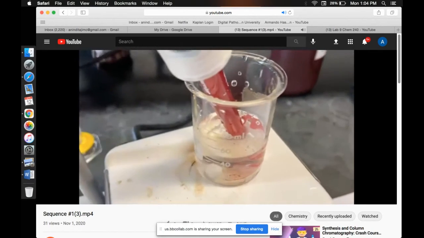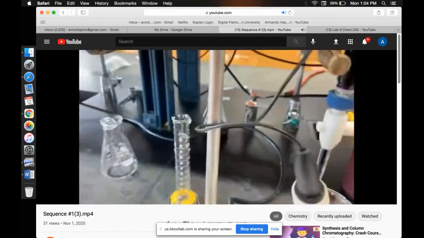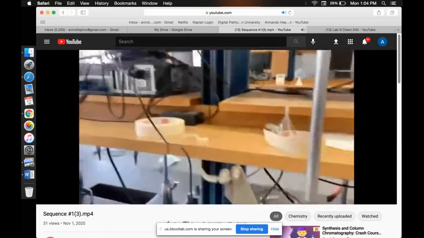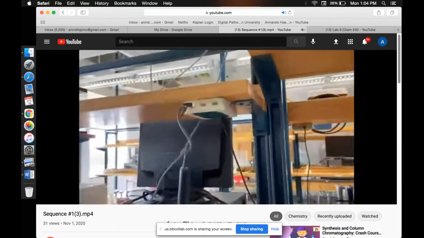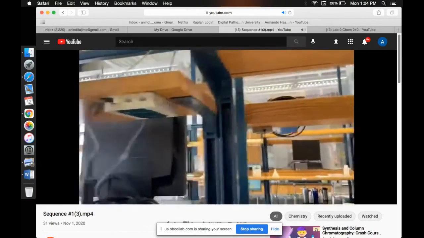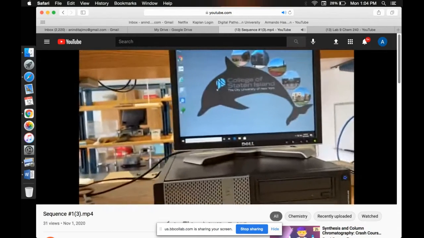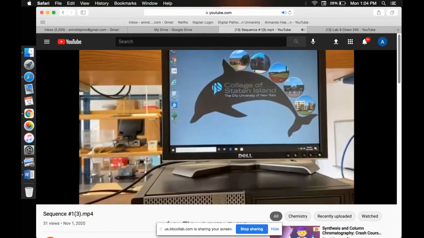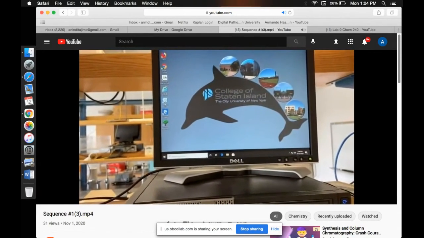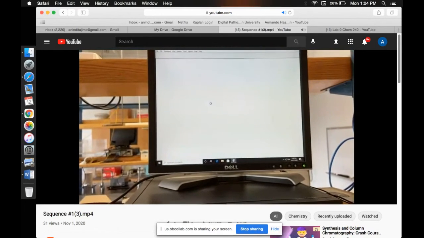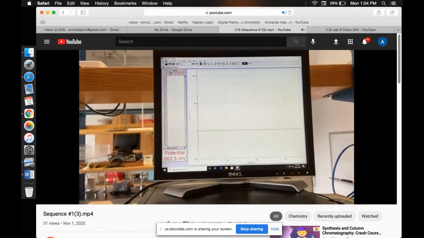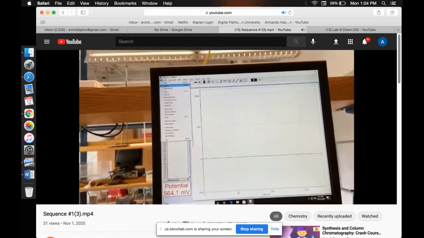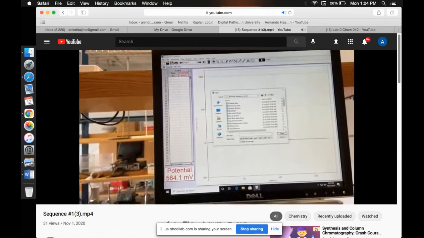And you see the ORP sensor is connected with our computer. First we have to open Logger Pro. After opening Logger Pro, we have to go to File and open a new file.